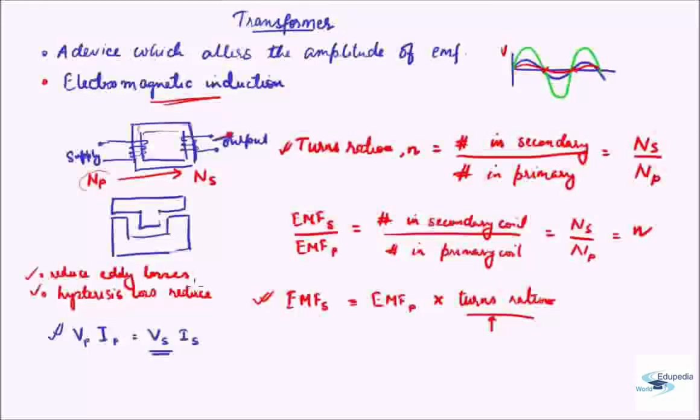Also, in the substations, we need to step down the voltage from the very high 132 kilovolts to 33 kilovolt, or from 33 kilovolt to 11 kilovolt, and again in the local substation from 11 kilovolt to 220 volt. So these things are done using a step down transformer.